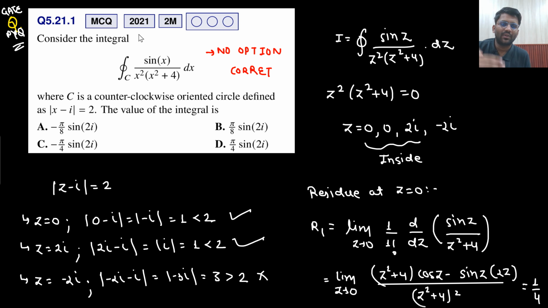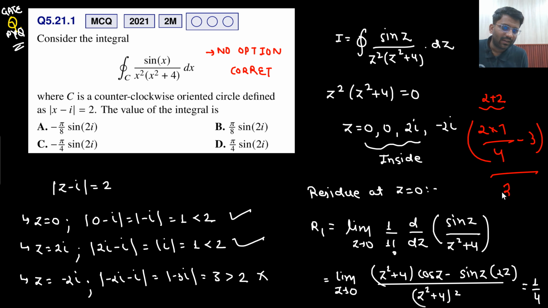If you frame a question on a higher side, then the question becomes tougher, right? And if the question is becoming tougher, then there is a higher chance of calculation error. Not calculation error, there is a high chance of the question being wrong as well. Like if I ask you 2 plus 2, this question will never be wrong, because this is very straightforward. But if I ask you 2 into 7 divided by 4 minus 3 divided by 37, here there are chances that this question might be wrong.